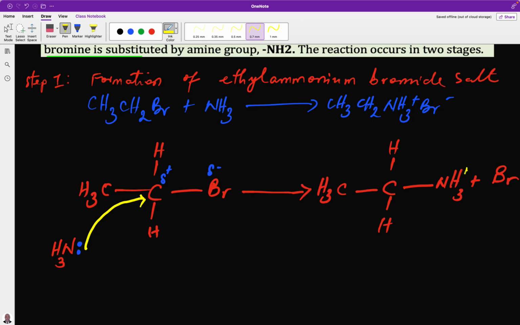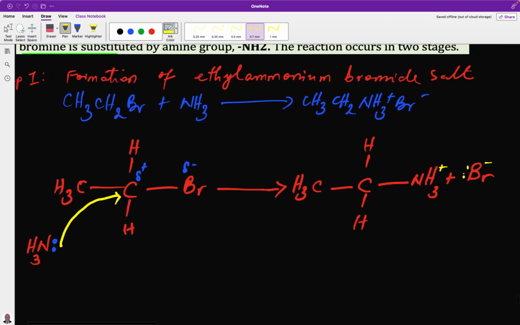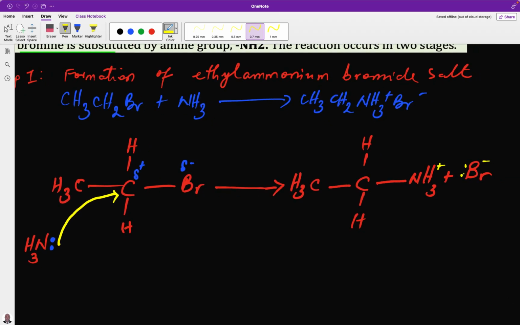Here, the ammonia has a positive charge. So that is the result of the attack. The nucleophile attacks from behind. The ammonia attacks, donating a lone pair of electrons here.